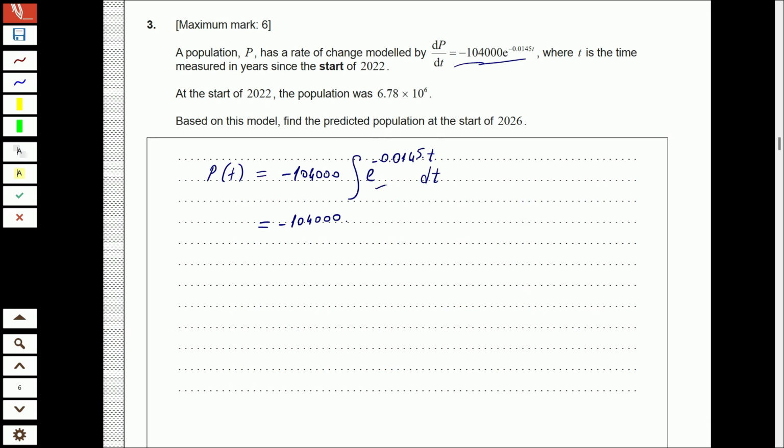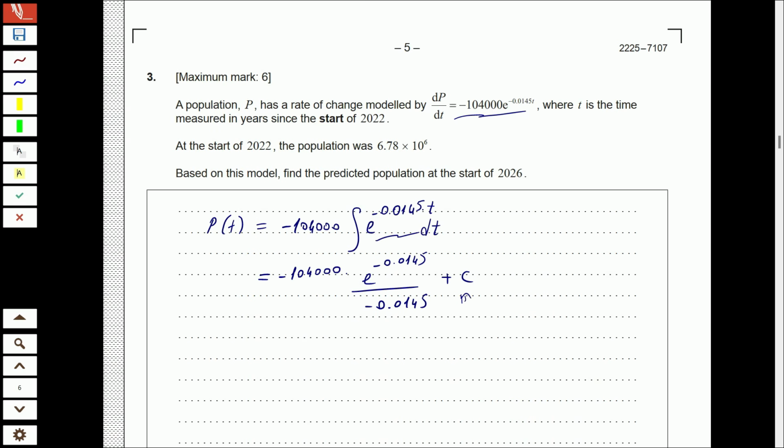The integral of the function e to the power will be equal to itself. I will just divide it by the power, and there's a constant C in here when we find the integral. To find the constant C, there's information in the question that the initial population was this number.